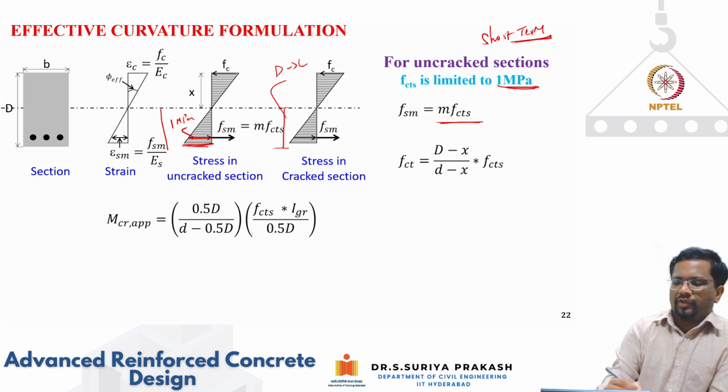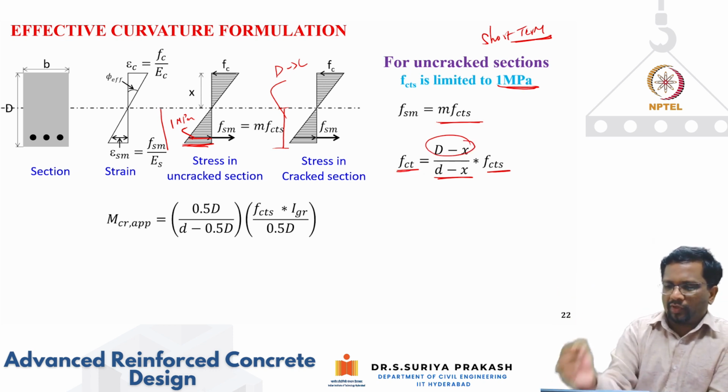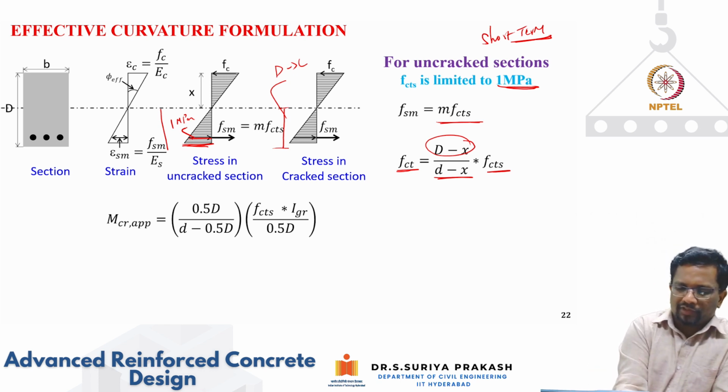So for small d minus x, it is FCTS. For d minus x, what would be the stress? It is going to become slightly higher than this 1 megapascal. I have to calculate this at the bottom location. This is your FCT, and this is FCTS, which is equal to 1 megapascal. So I have to slightly increase it, because it is going to be linear.